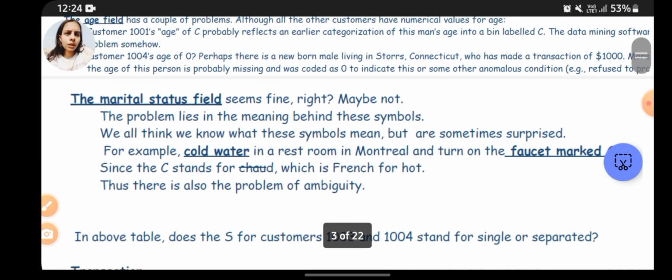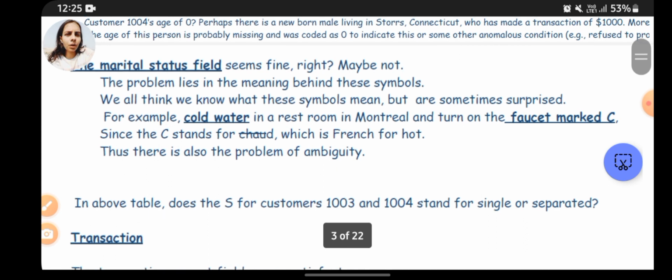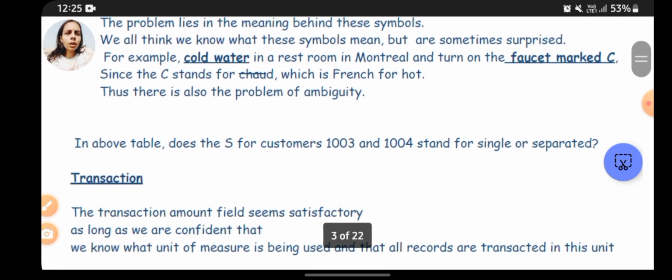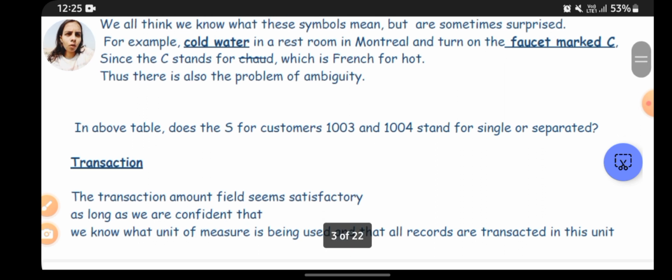The marital status field seems to be fine, right? Maybe not. It may or may not be fine. The problem lies in the meaning behind these symbols. We think we know what these symbols mean, but there may be surprises. In this table, does the S for customers 1003 and 1004 stand for single or separated?